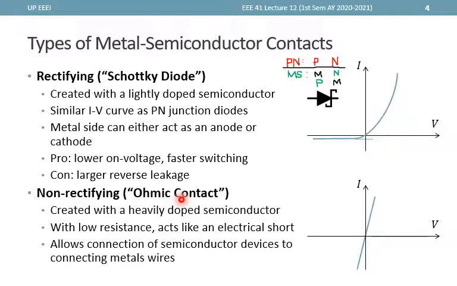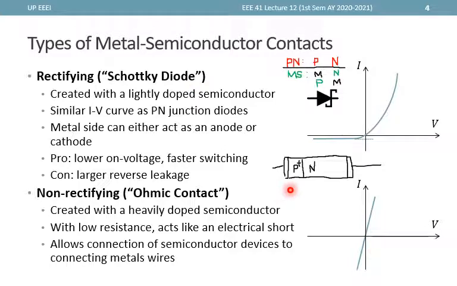And if its resistance is very low, it basically acts like a short. So we use heavy doping to produce an MS contact that has a low resistance. So this allows us to connect semiconductor devices to metal wires.